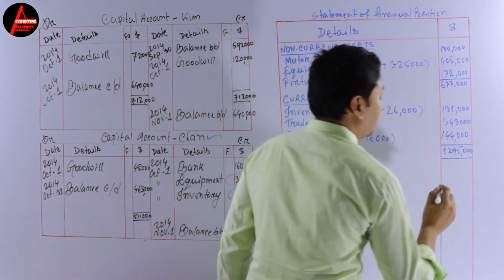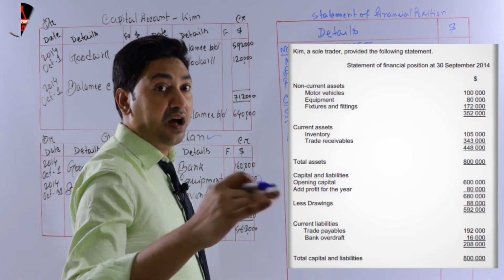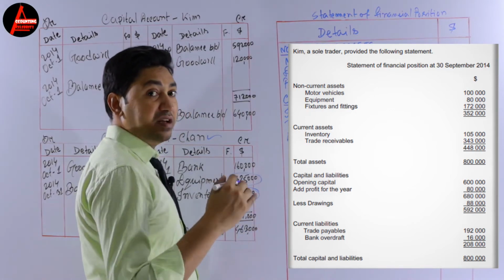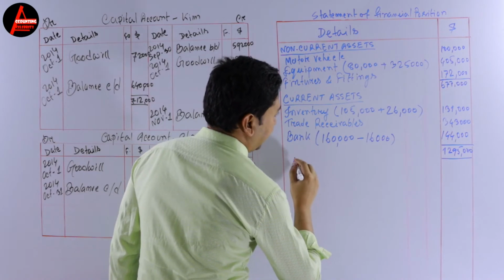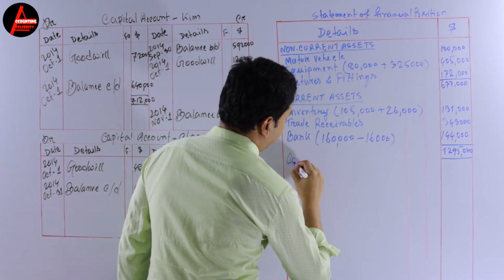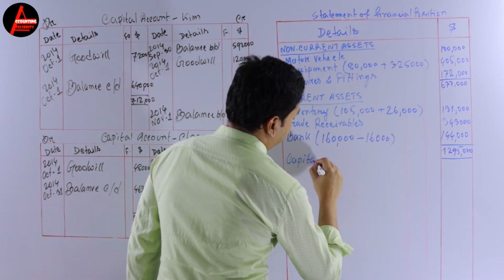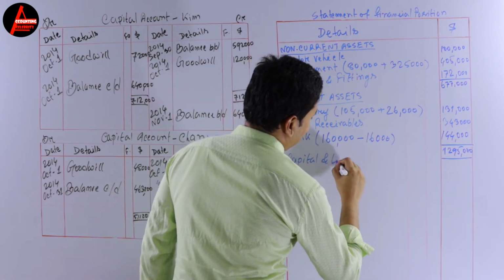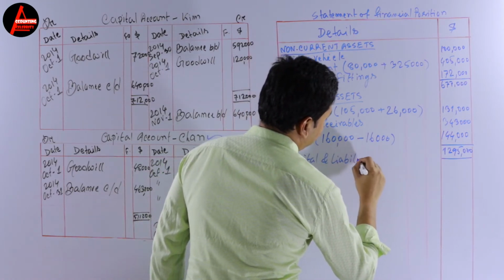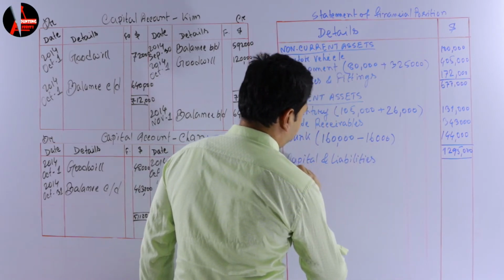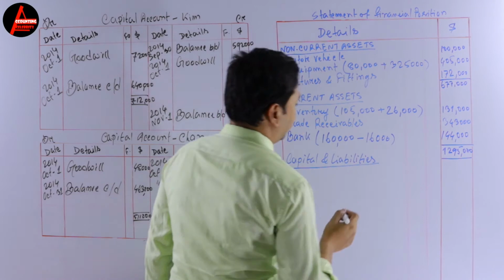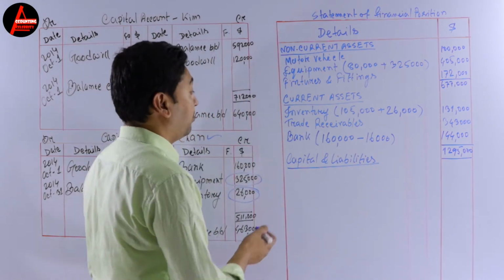First of all we need to write here capital and liabilities. Opening capital is given. So right here, capital and liabilities. Let us write here opening capital.